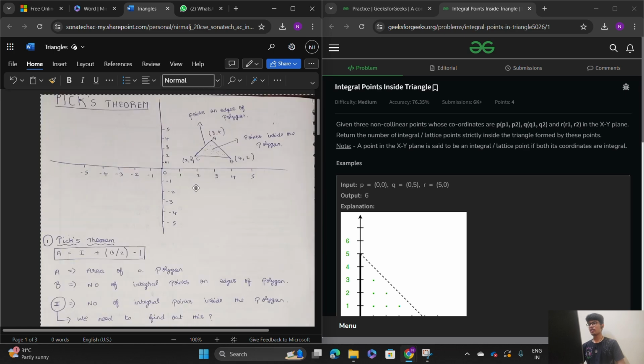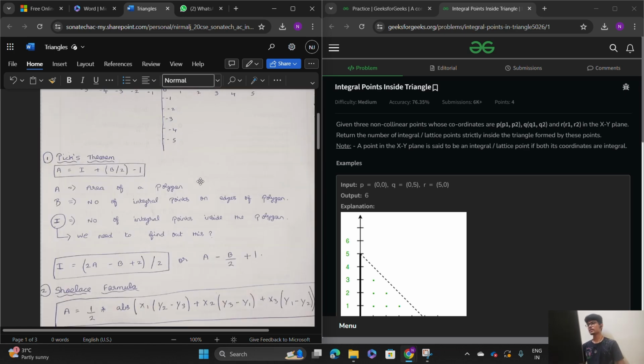After that, you can see here Pick's theorem: A equal to I plus B by 2 minus 1. A is nothing but the area of the polygon. I said that this theorem is not only applicable for triangles, it is also applicable for all shapes, so that's why they have mentioned it as a polygon. B is equal to the number of integral points on the edges of the polygon.